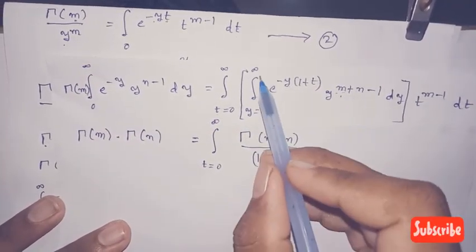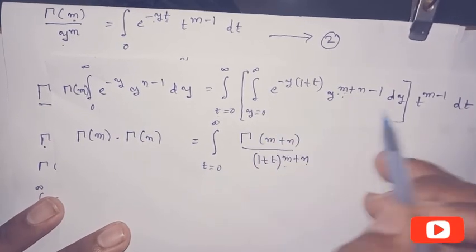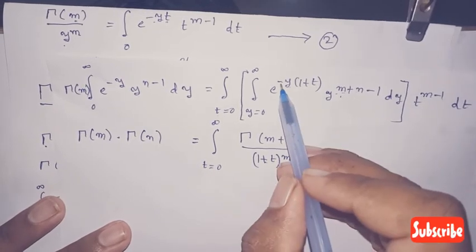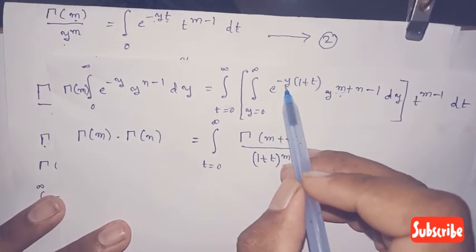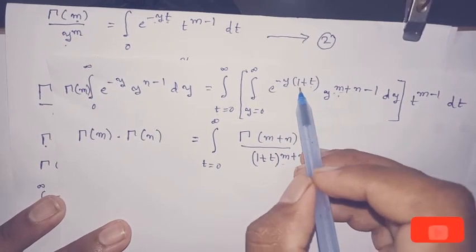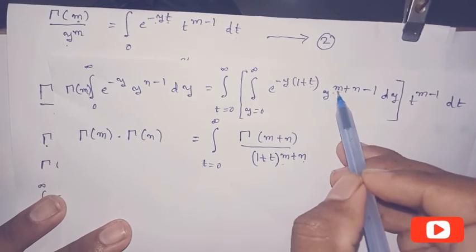Here we are doing integration with respect to y. Therefore the coefficient of minus y is 1 plus t, and the power of y is m plus n.